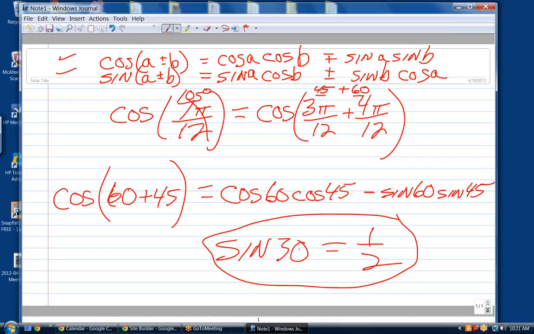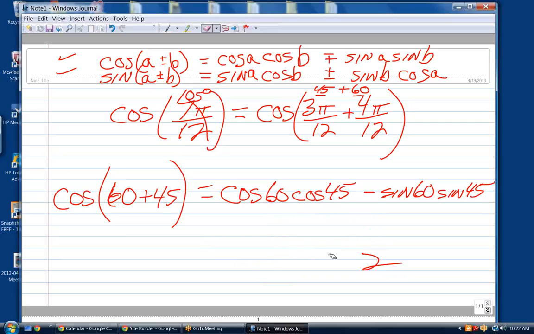So the sine of 30 is the same as the cosine of 60. The sine of 31 is the same as the cosine of 59. It's good to recognize that this angle 60 is complementary to the 30, and whatever is complementary is the same number. So if I've memorized the sine of 30 is 1/2, then I've also memorized the cosine of 60 is 1/2.